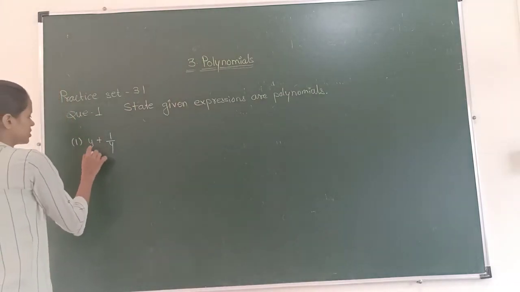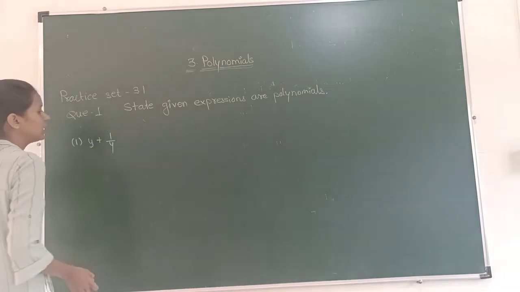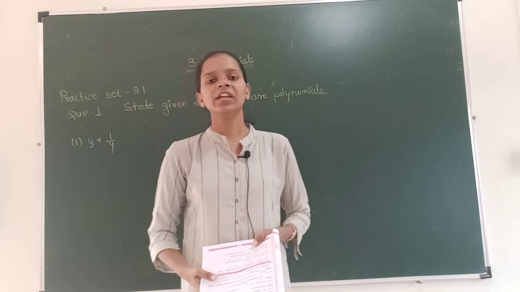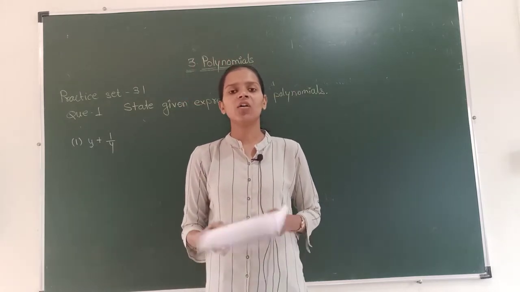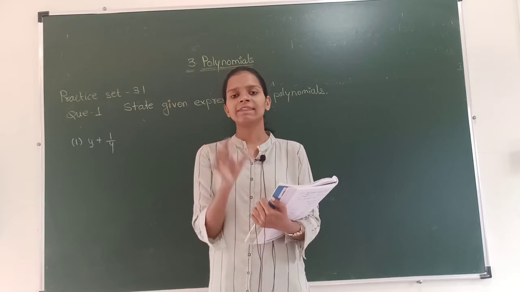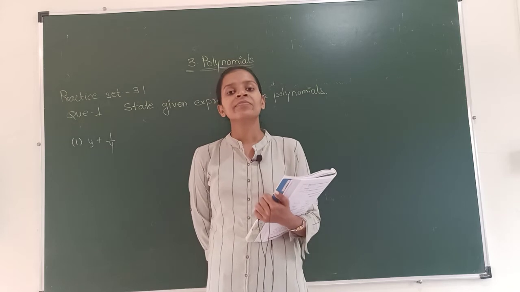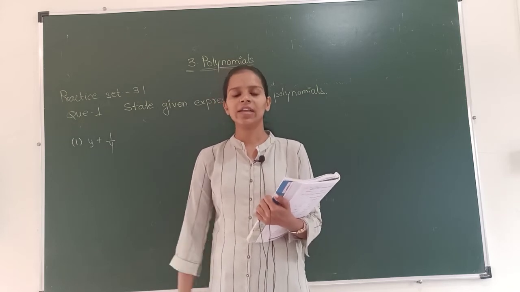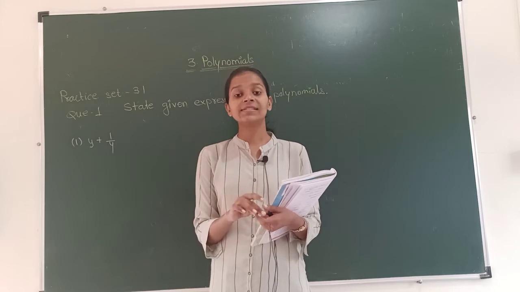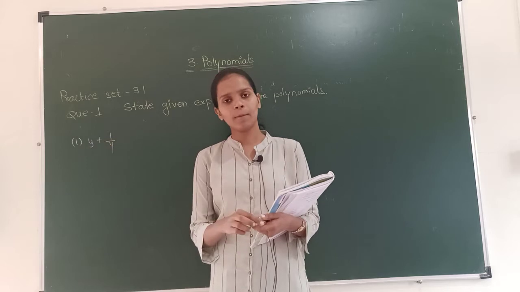The first algebraic expression is y plus 1 upon y. Is this a polynomial? Before that, do you remember what is meant by a polynomial? If the power of the variable is a whole number, then the algebraic expression is called a polynomial.